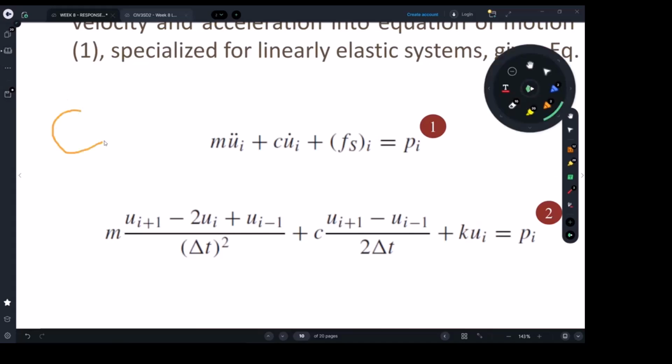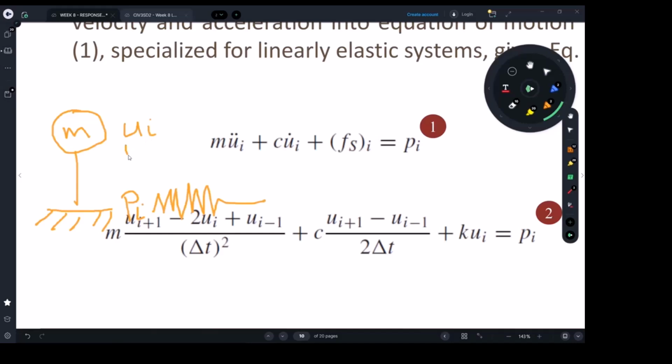Let me just put my single degree of freedom system here, which is standing on a stiffened column, right? So the PI is at this level. This is the PI, which is the ground excitation. The UI is the displacement of this mass, okay? And we're going to need to find this answer.